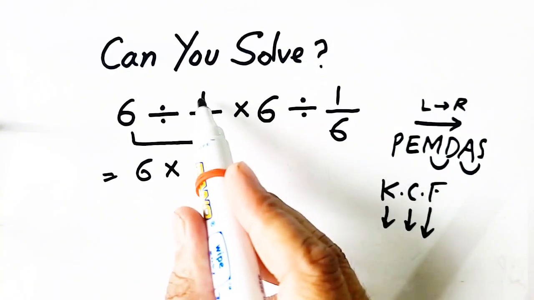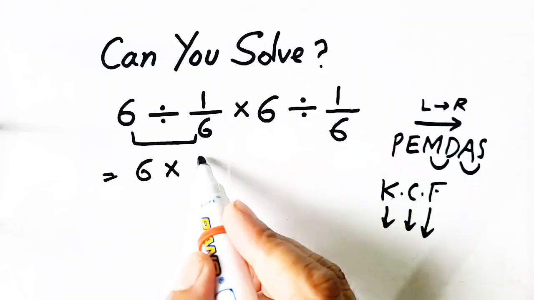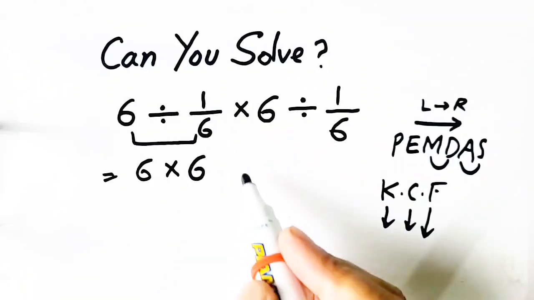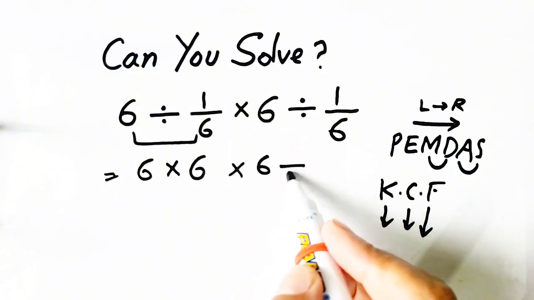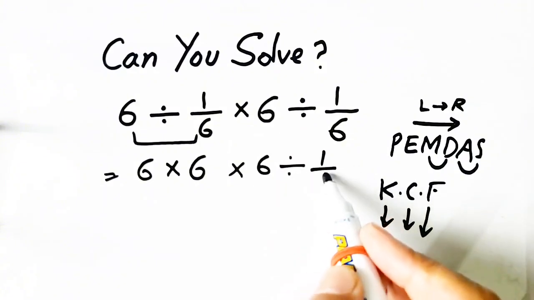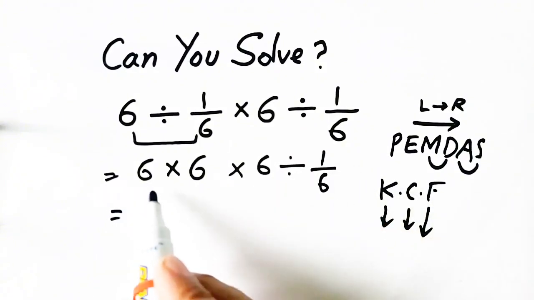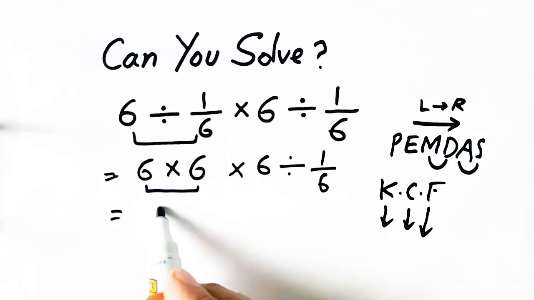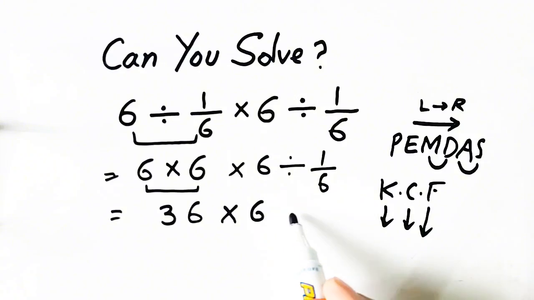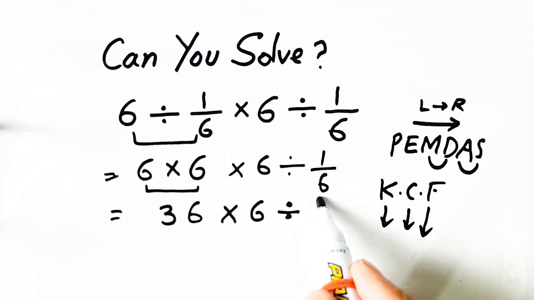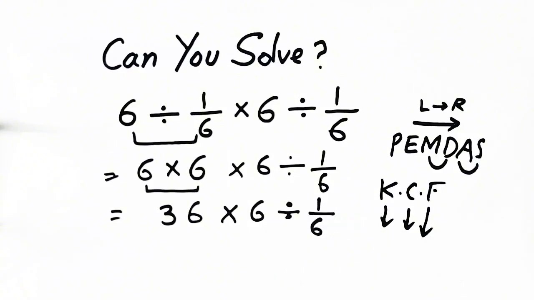It is 1/6, and if we flip it, it will become 6. And there is no change to the rest, 6 divided by 1/6. So it will become 36 multiplied by 6 divided by 1/6.